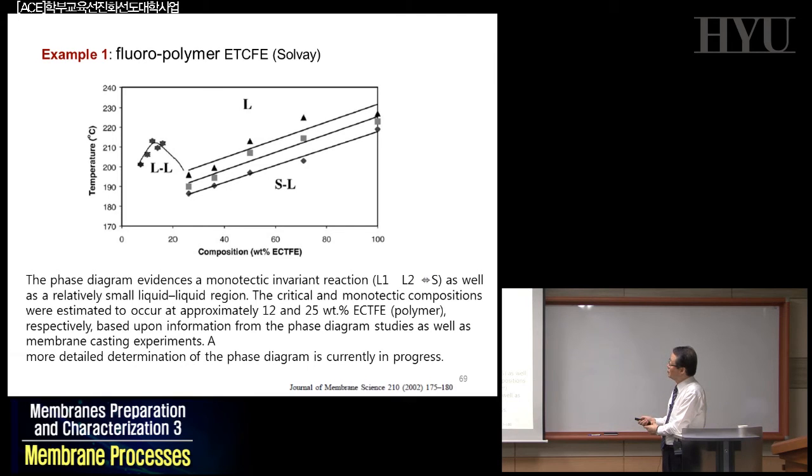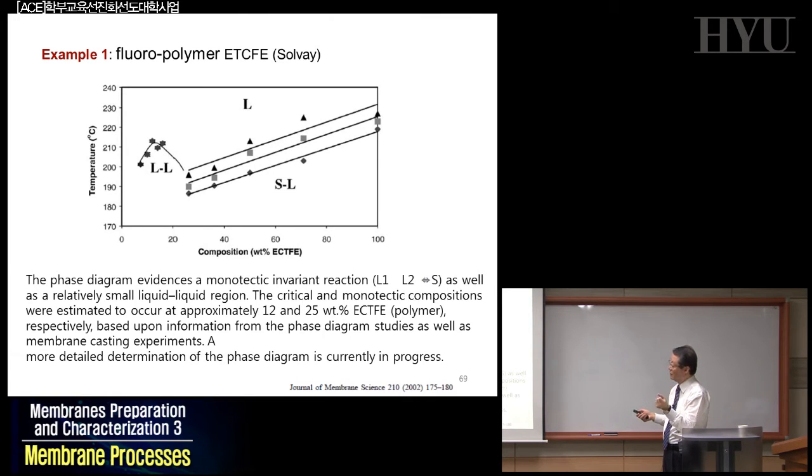And the temperature was increased above 180, 190 degrees C. And this is the stable liquid region. You have a solid region, or liquid region in this case. And you have a critical point here, which is defined as the point where your binodal and the spinodal touch each other. Okay, experimentally it's difficult to measure.